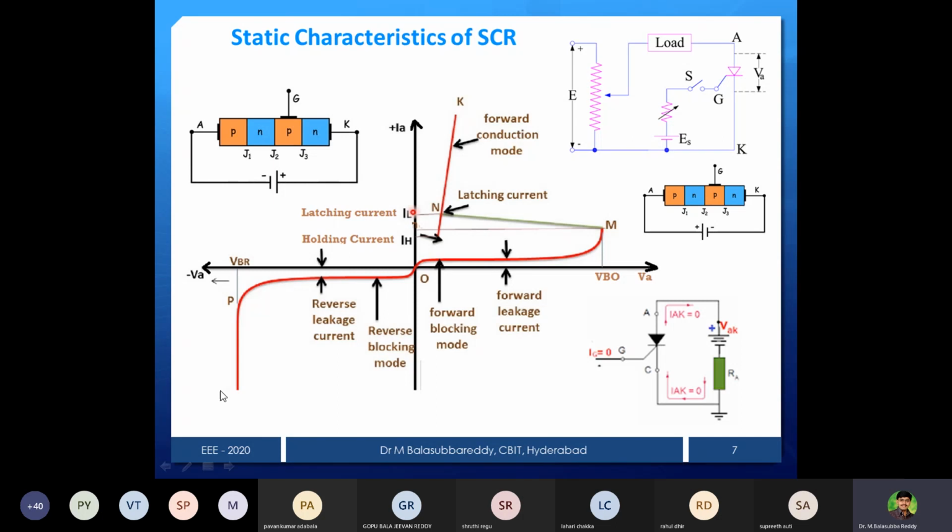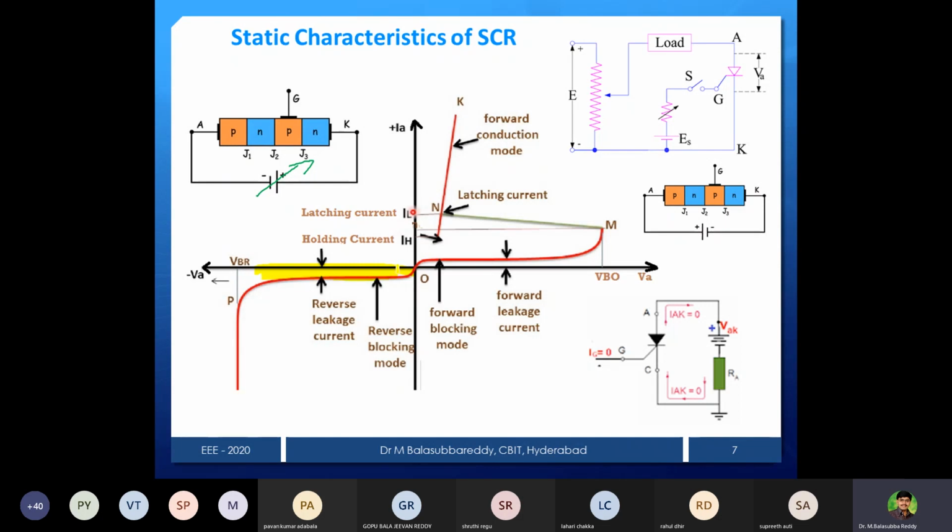Now we are increasing the voltage in reverse. We are applying the voltage from cathode to anode gradually. Then this gap, as in the forward condition, I call the reverse leakage current.